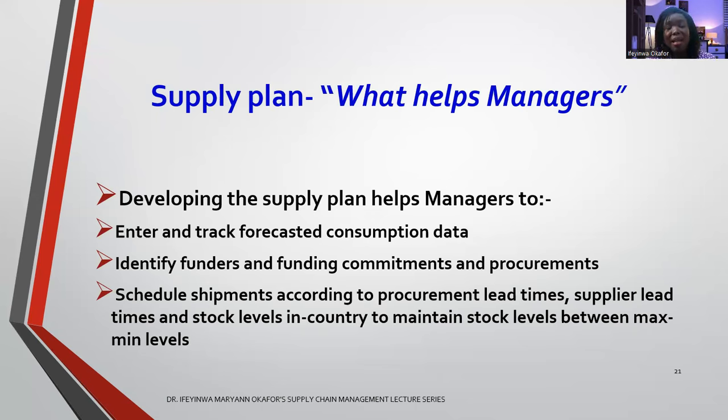It helps program managers to identify funders and funding commitments and procurement. It helps program managers to schedule shipments according to procurement lead time, suppliers' lead time, and stock level in country, to maintain stock level between maximum and minimum level.